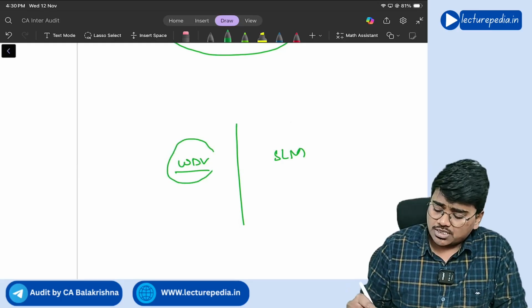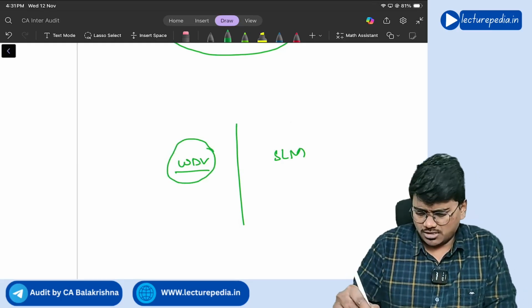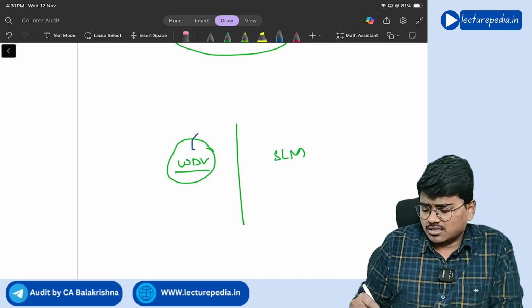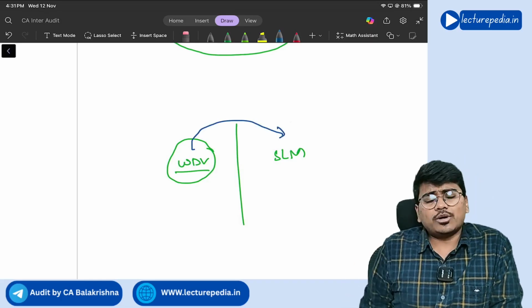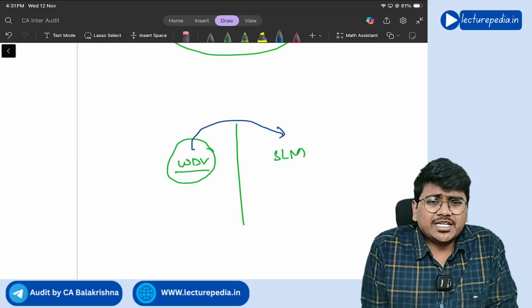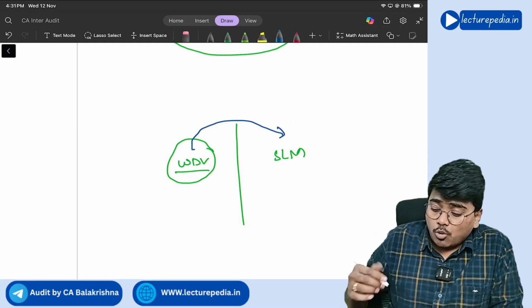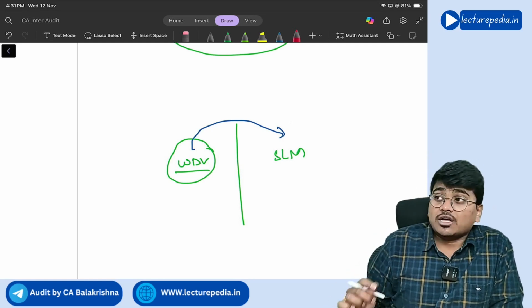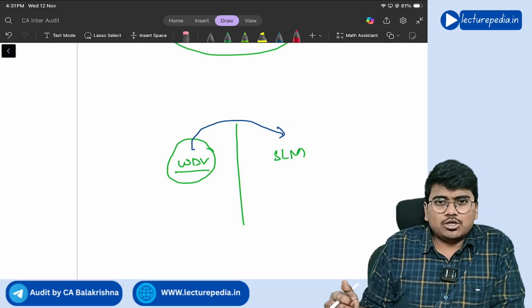Whatever the procedure, whatever the accounting policy you have followed in the previous year, the same thing should be followed in the current year also. If in case you wanted to change the accounting policy, then you have to properly account for it, right?